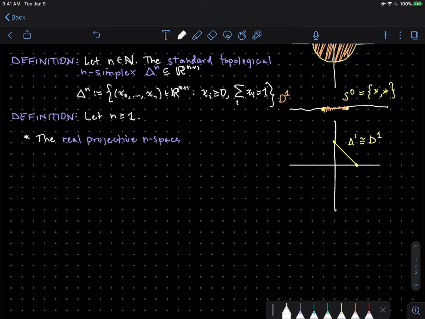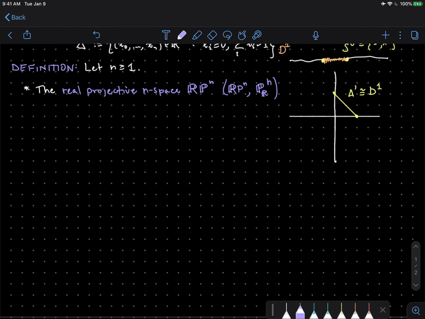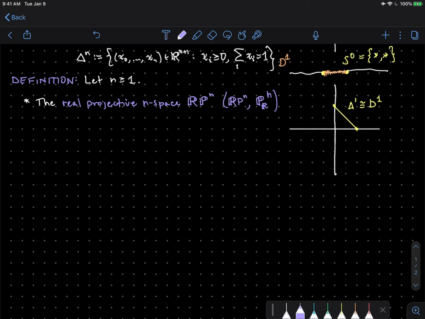sometimes called the real projective space of dimension n. This is written blackboard bold R, blackboard bold P, n. Sometimes you might see it as blackboard bold R and then normal P to the n, or if you're hanging around with algebraic geometers, you'd see blackboard bold P, subscript R, superscript n. So you may see any one of those.